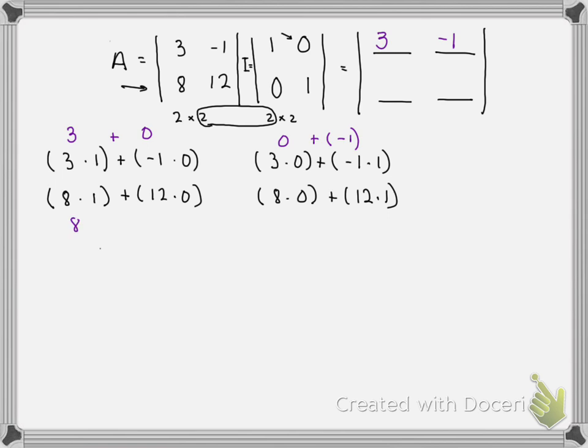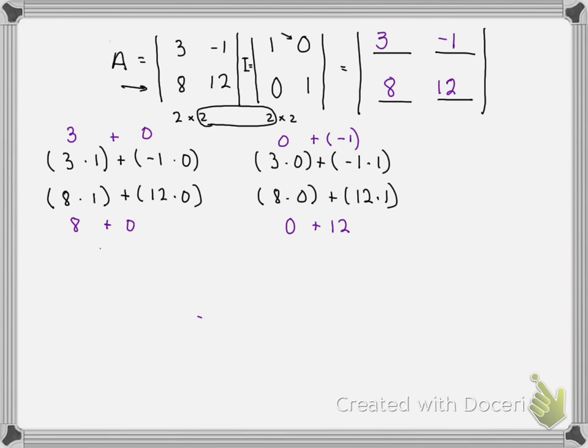Then we've got 8 times 1 plus 0 is 8. And then 0 plus 12 is 12. So you can see when you multiply in the multiplicative inverse matrix, you get back the matrix that you started with. And again, the idea there is following the same logic as when you multiply any number by 1, you get back what you started with. The same rule applies here.